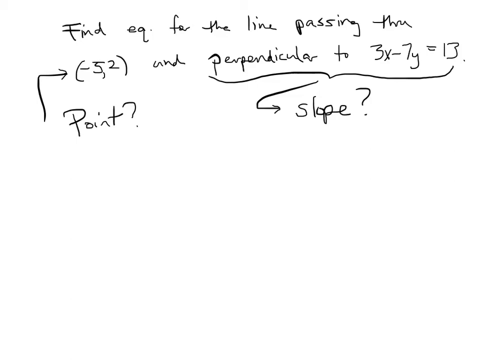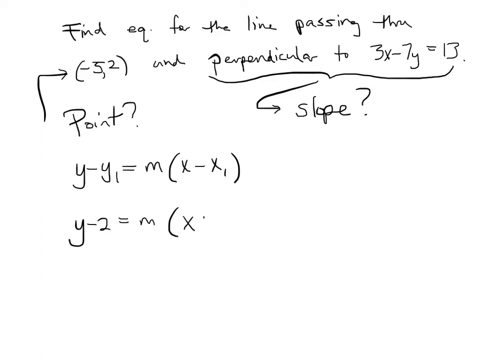We know that point-slope form is y minus y1 equals m times x minus x1. And in our particular case, it's going to be y minus 2 equals m times x plus 5. And the question is, what's the m?